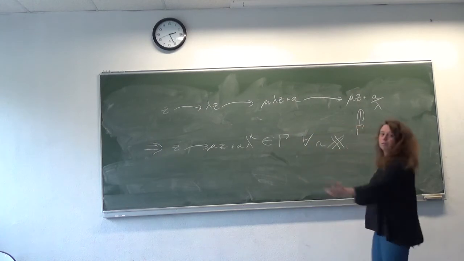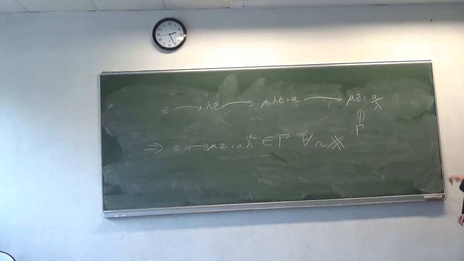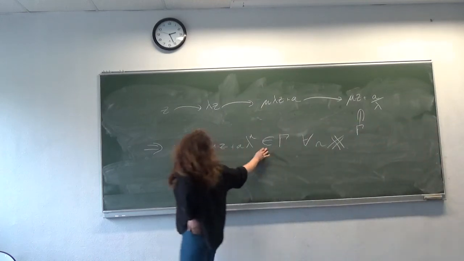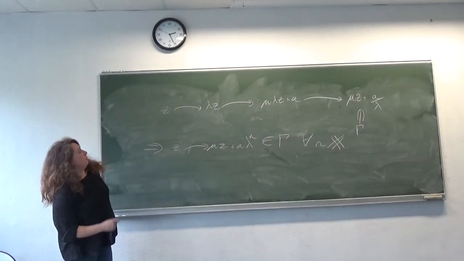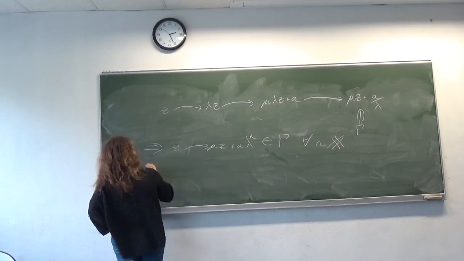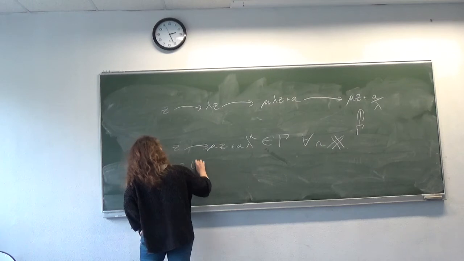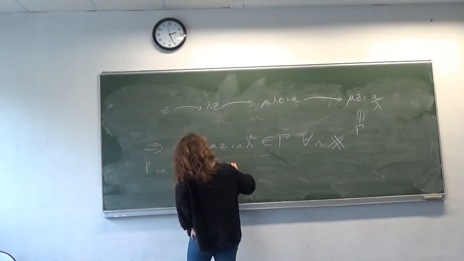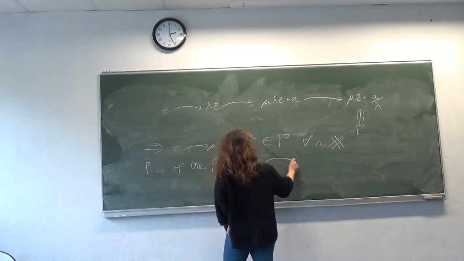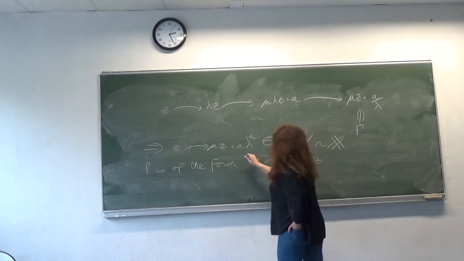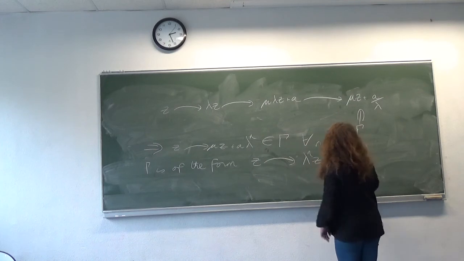And this is a contradiction because this is not discrete. Okay, so this gives me that gamma is of the form, all the things of the form z goes to lambda z, all the powers of lambda.